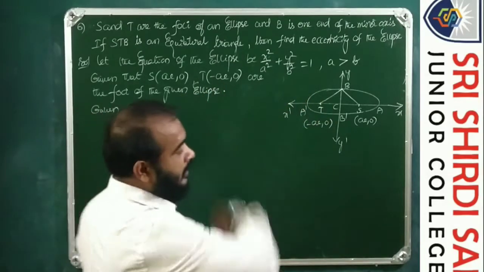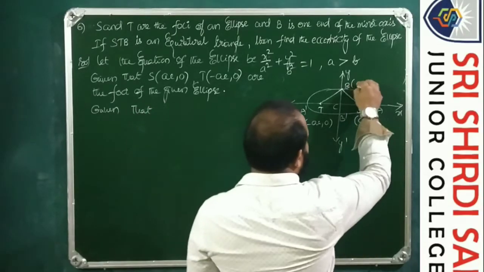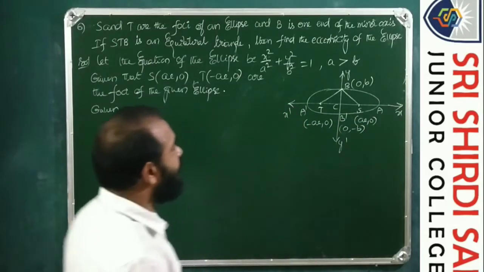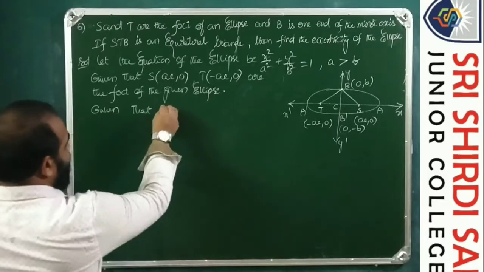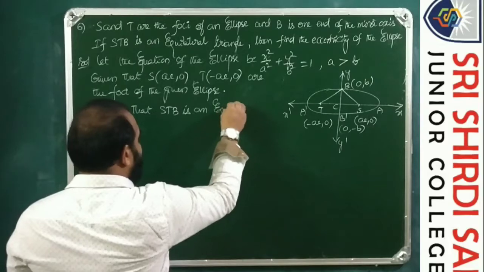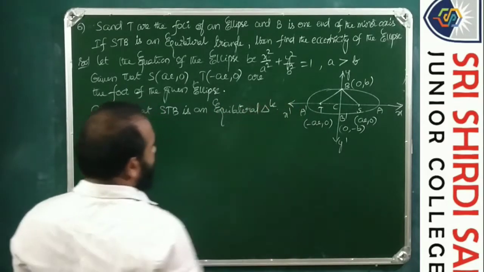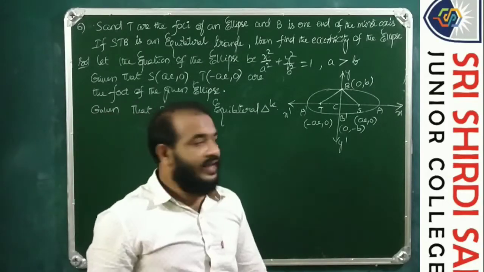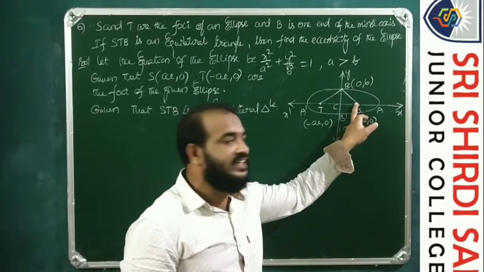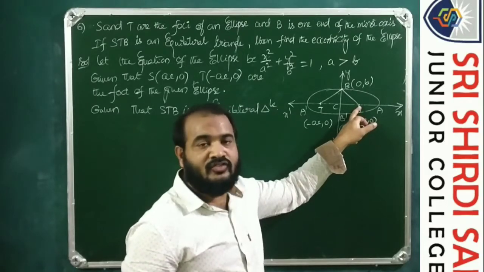So for the ellipse x square by a square plus y square by b square with a greater than b, this B is 0 comma b and this is 0 comma minus b, B dash. Now given that STB is an equilateral triangle, that means in an equilateral triangle this angle is 60 degrees, and the lengths of all sides are equal.